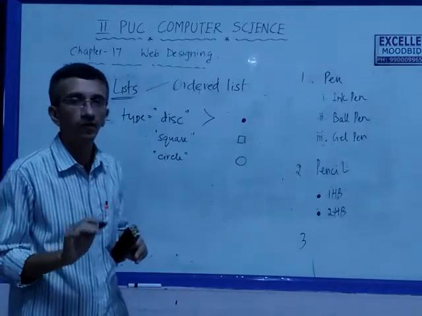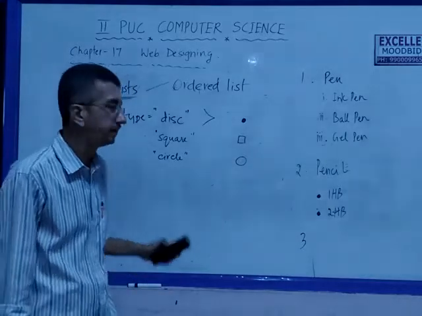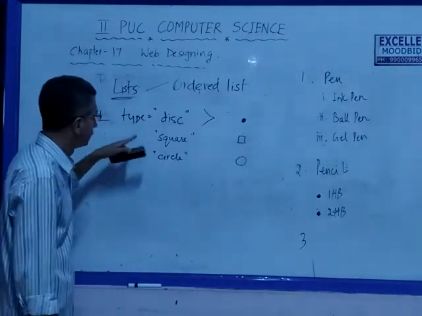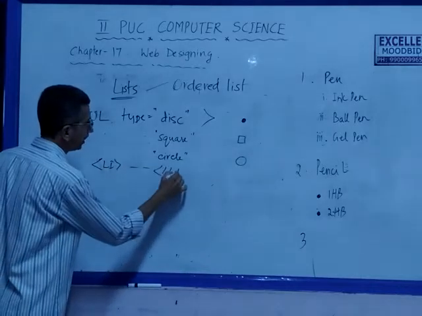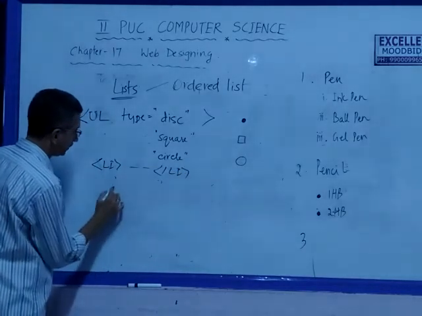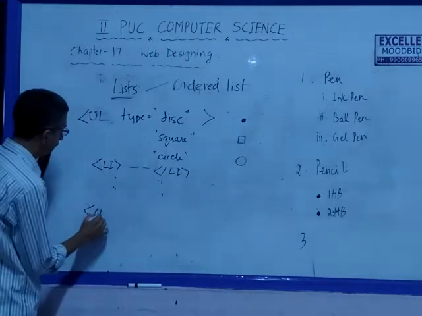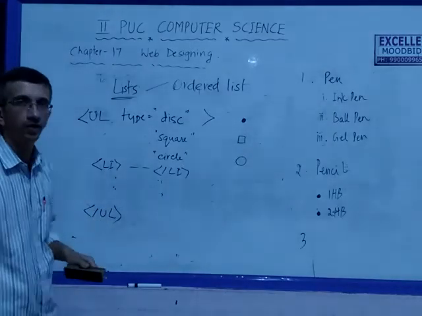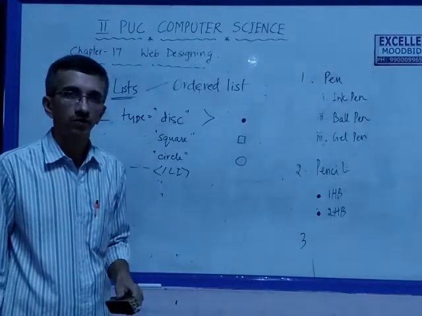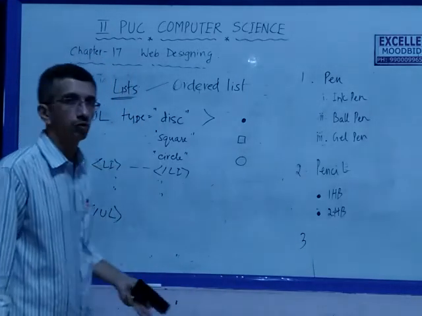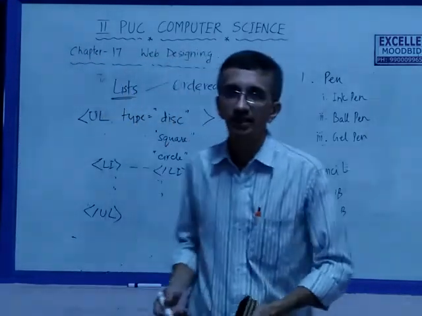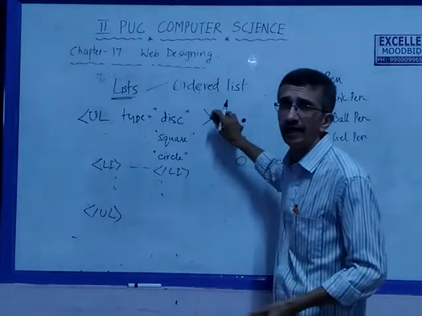So three types of list markers are available in the unordered type. The other structure is list item only, whatever you write, close LI, any number of LIs, and close UL. So this is the structure of an unordered list. All the nesting you can also do as given. So these are the two types of lists available in HTML, ordered and unordered.